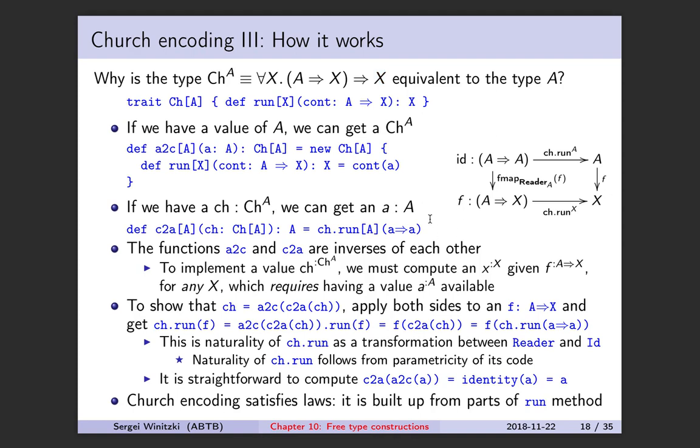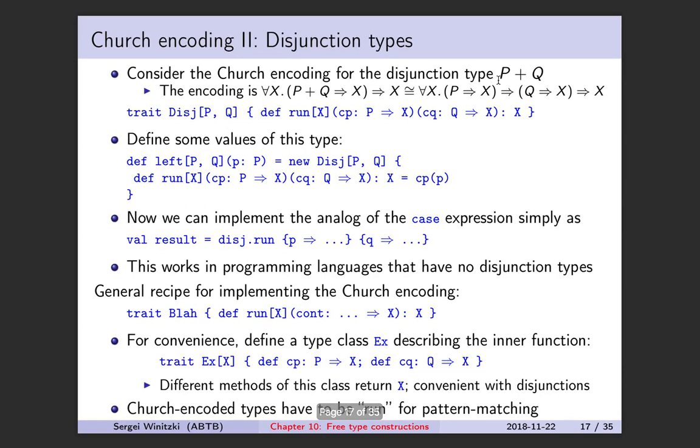And another property of the church encoding is that since it is built up from parts of the run method of some type class, usually, it will automatically satisfy the laws of that type class. Now this example, as well as this example, were not examples of type classes that I was going to church encode.